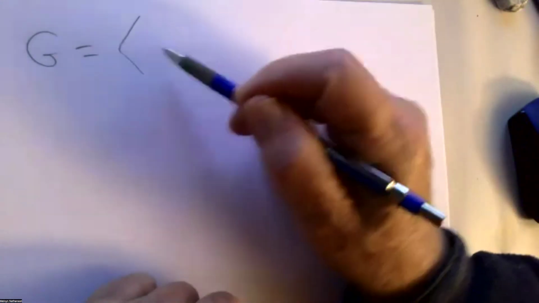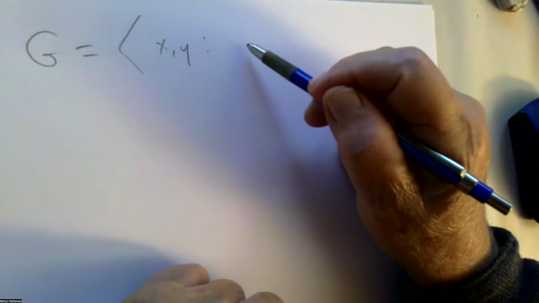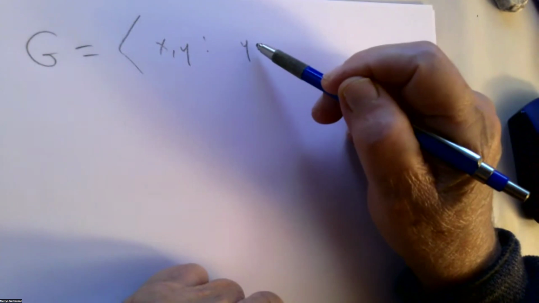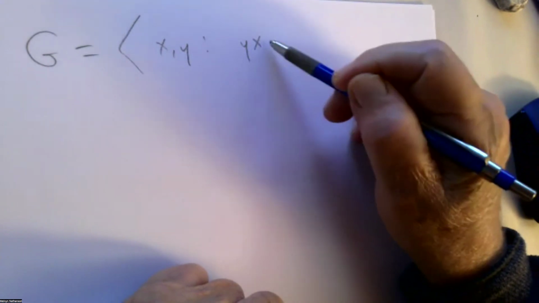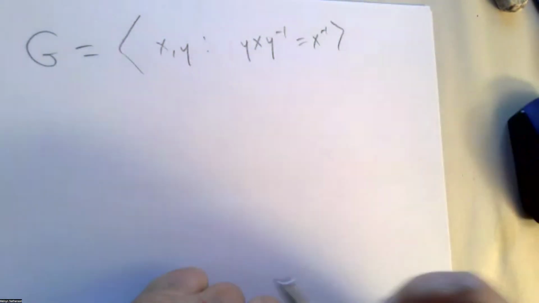Let's see. So here is a piece of paper. And here is a group G, which is well known to group theorists, of whom I am not one. It's generated by two elements, and it has one relation: y x y inverse equals x inverse.